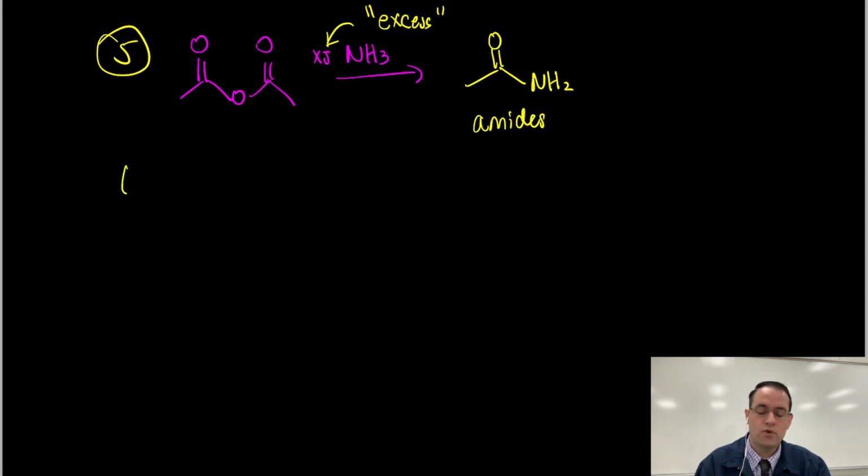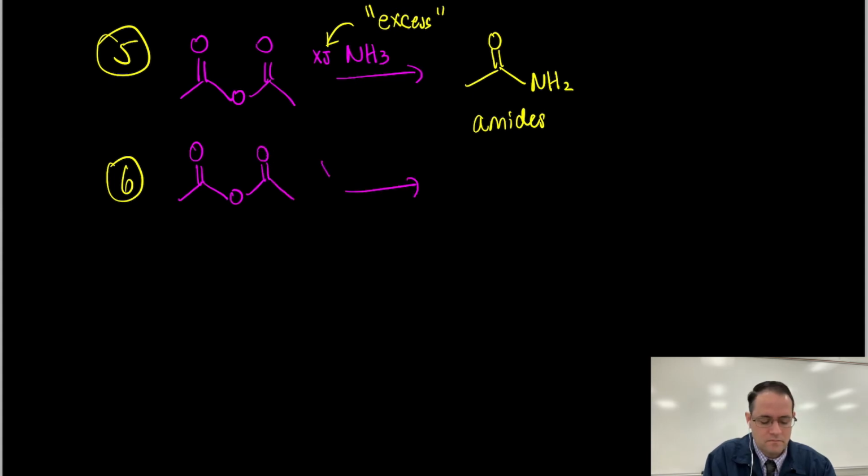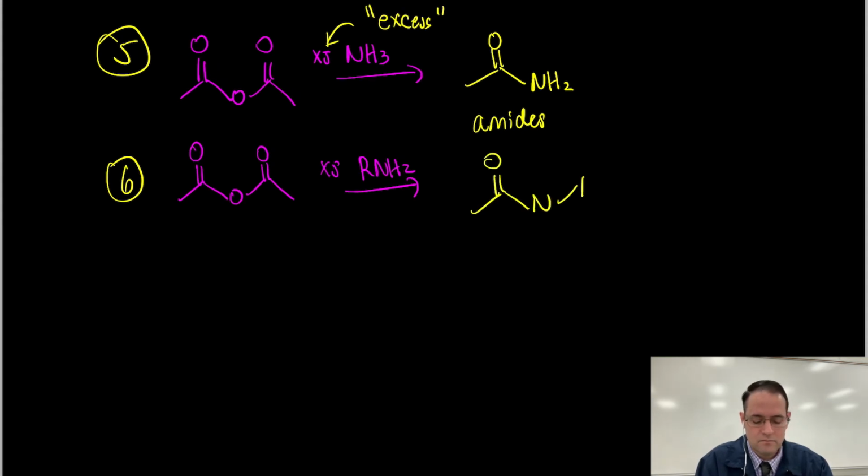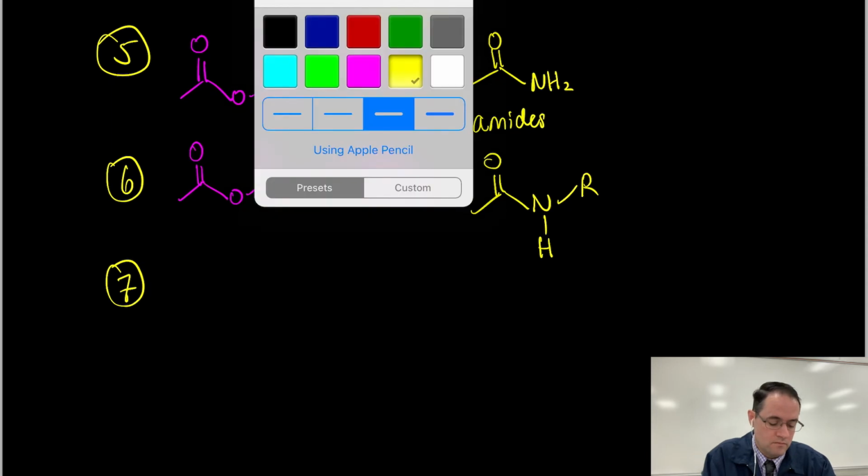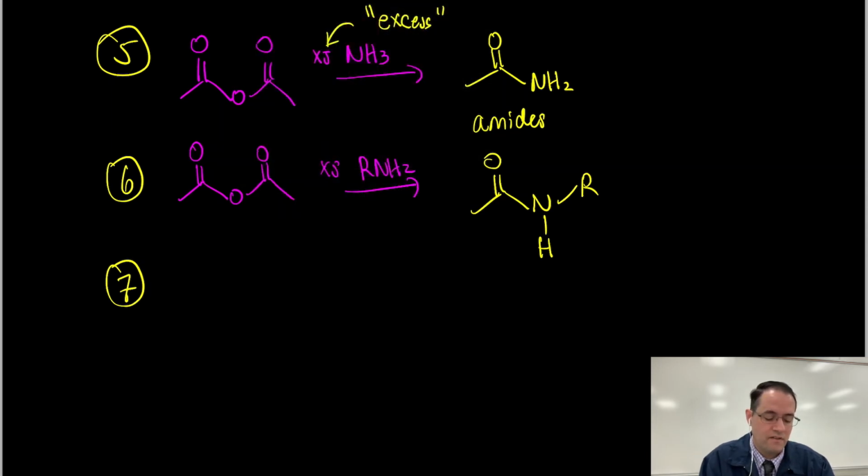Okay? You can form primary amides, or you can form secondary amides, or you can form tertiary amides, and these are reactions 5, 6, and 7.